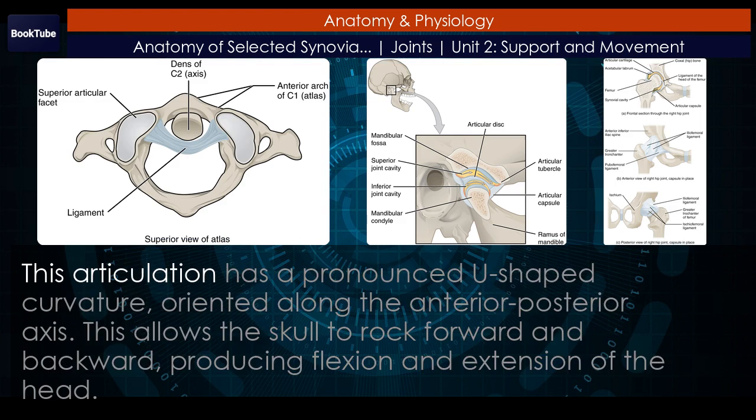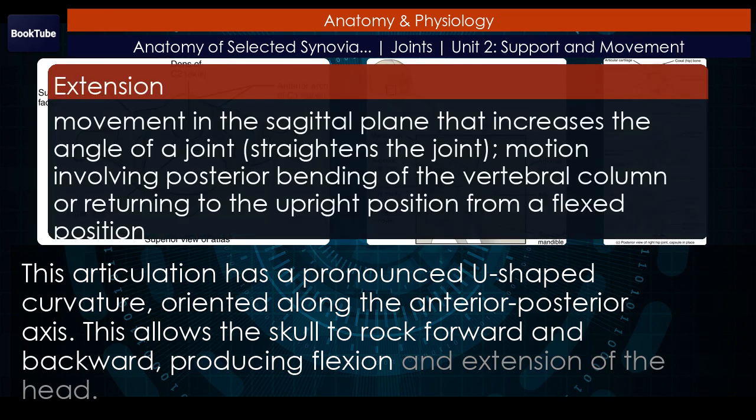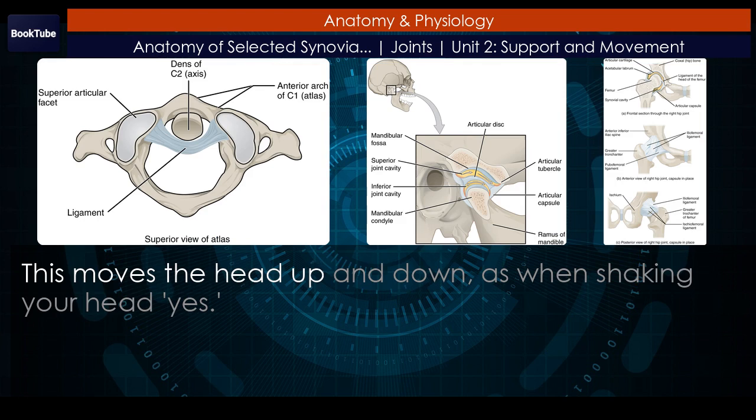This articulation has a pronounced U-shaped curvature, oriented along the anterior-posterior axis. This allows the skull to rock forward and backward, producing flexion and extension of the head. This moves the head up and down, as when shaking your head, yes.